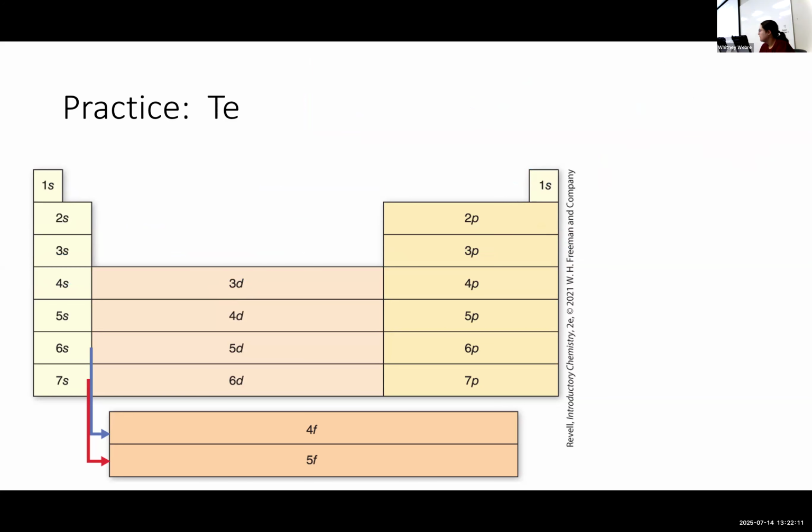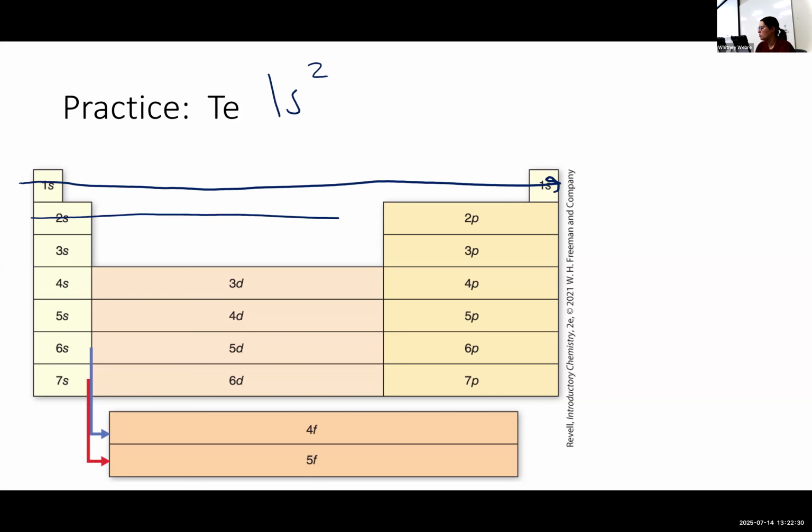It gets a little bit different for valence electrons when you get into the p block, but everything else is very straightforward. So tellurium. Let's start going from left to right. 1s2, then 2s2. Let me find where it's at. I think it's in here, 5p. 2s2, 2p6.